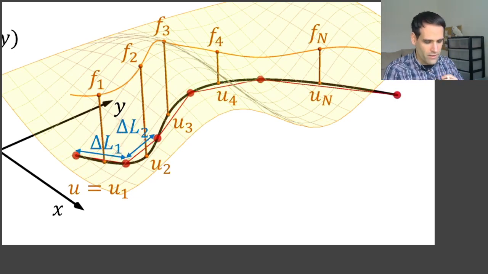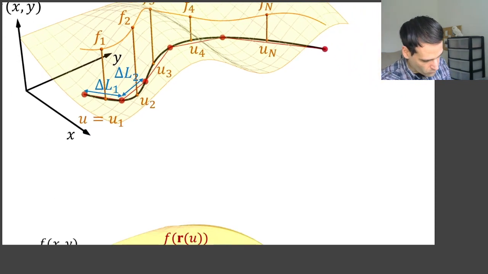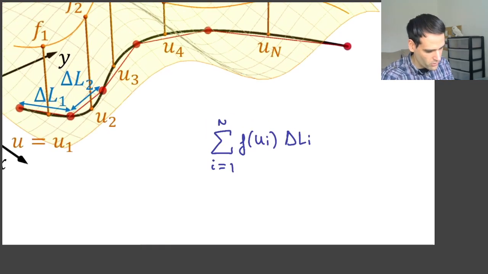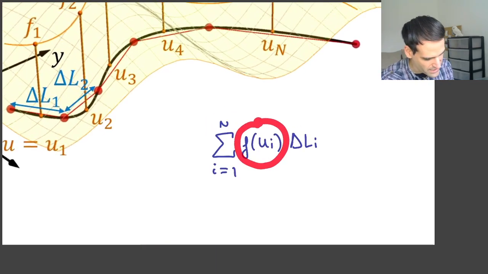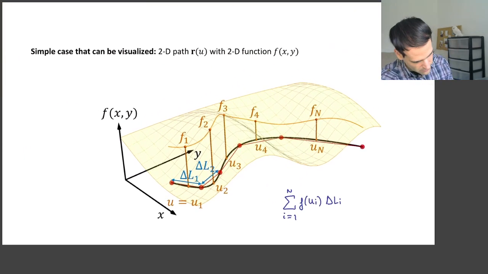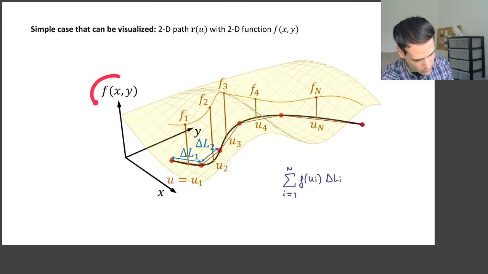Now we are doing a sum from i equals 1 to n of f at ui times the length of the segment. So what does f at ui mean? Let's assume that we are integrating a function f of xy.